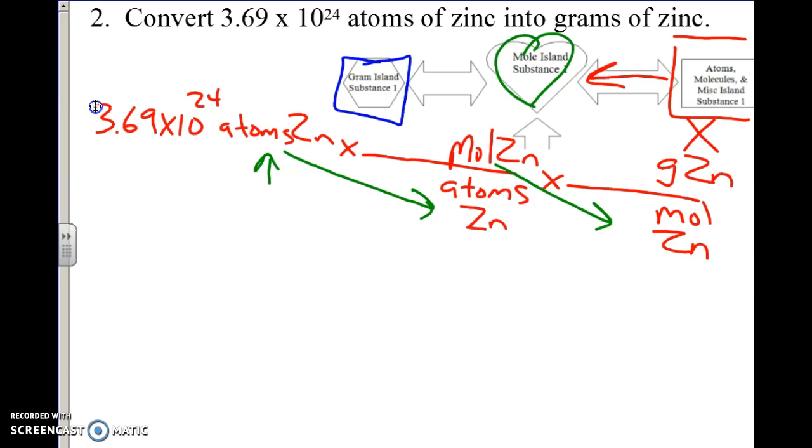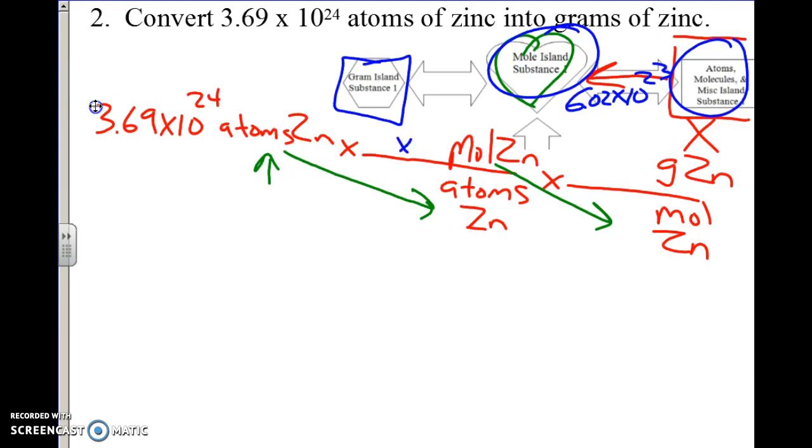Now we have to pop in some numbers. So we're going from Atom Island here to Mole Island here. This bridge is 6.02 times 10 to the 23rd. That means that number will be involved. That is the mole number, so it would not make sense to have a mole of moles by putting it right there. Rather, we'll put it with atoms, which are very small.